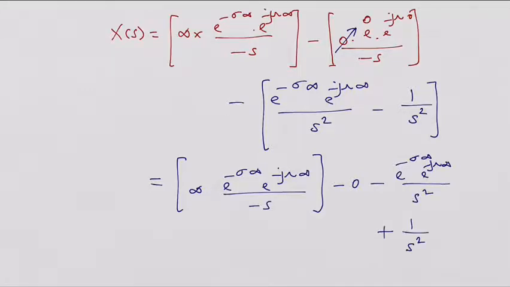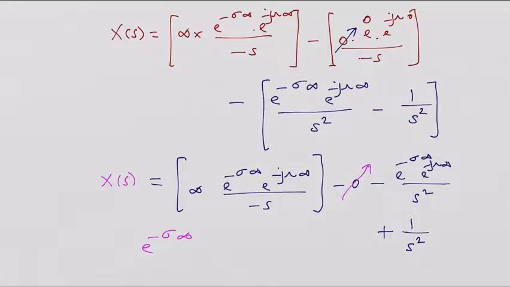This is the Laplace transform of t into u of t. Now you can take some conditions, because you do not know what is going to happen for this term, whether it will become infinity or not, because e power minus sigma into infinity is the term which will determine the result of this X of s.